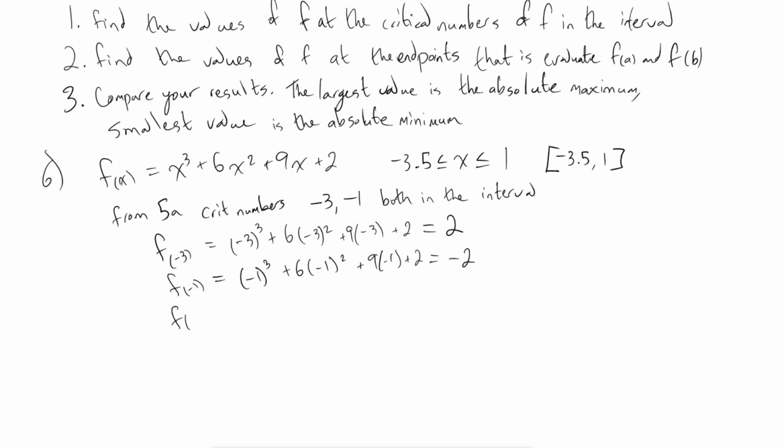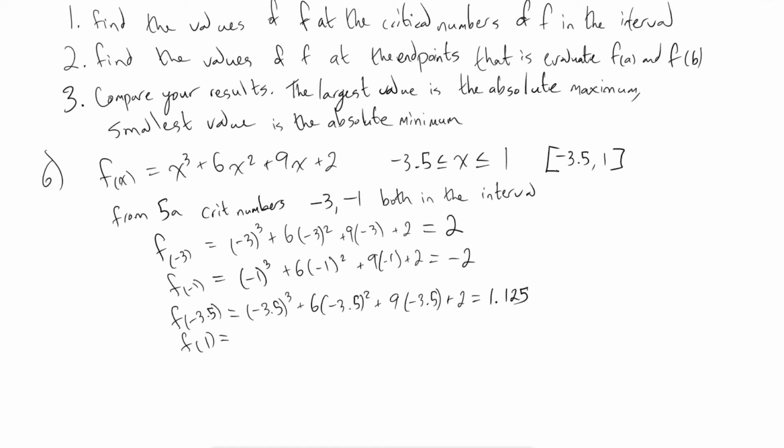So we'll check f at negative 3.5 and f at positive 1. F at negative 3.5, negative 3.5 cubed, plus 6 times negative 3.5 squared, plus 9 times negative 3.5 plus 2 is equal to 1.125.